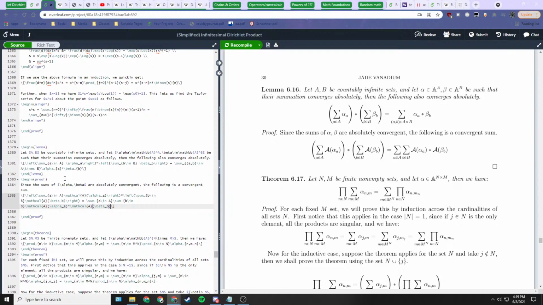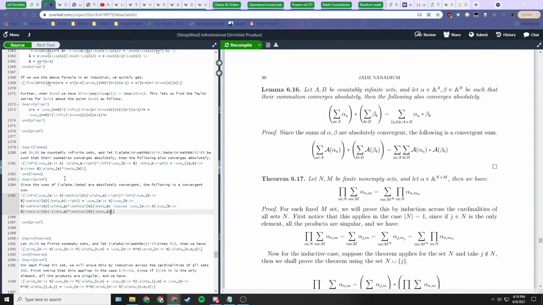Okay. And then we just use submultiplicativity of the absolute value function. And I think that's all we need.